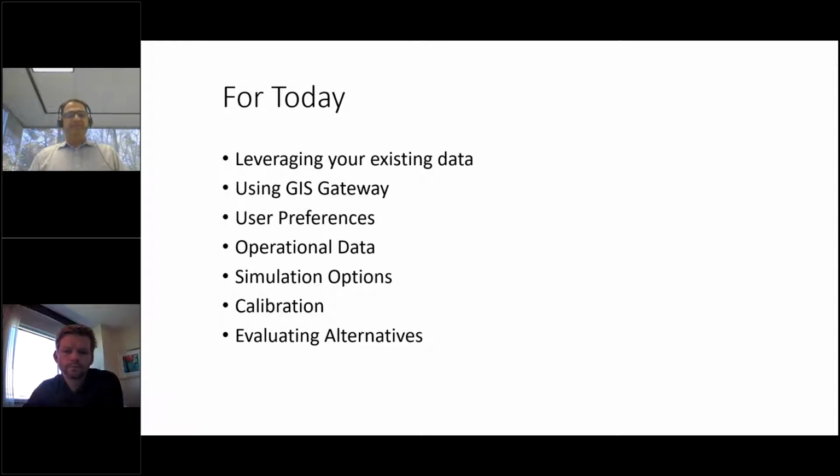Setting up some user preferences, talking about the operational data, setting up simulation options. We'll cover some of those. Talk a little about calibration, validation, and then concluding with evaluating alternatives and some final thoughts, more to do with improving continuity errors, if you will.